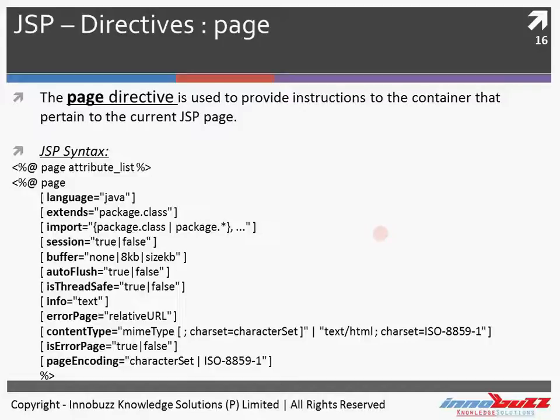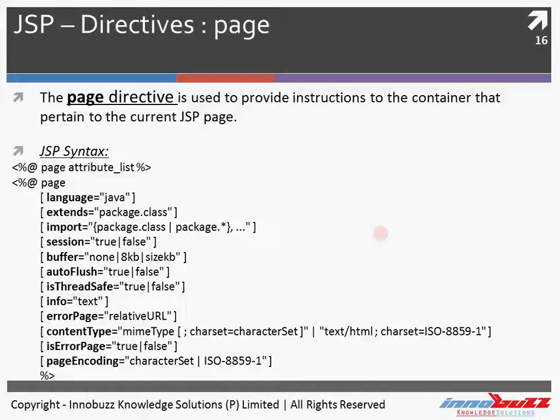Next is the buffer attribute, which gives the kilobytes used by the out object to handle the output sent from the compiled JSP page to the client web browser. The default value of the buffer attribute is 8 kilobytes, and if you specify a buffer size, the output is buffered with at least the size you specified. So by default it will be 8 kilobytes.